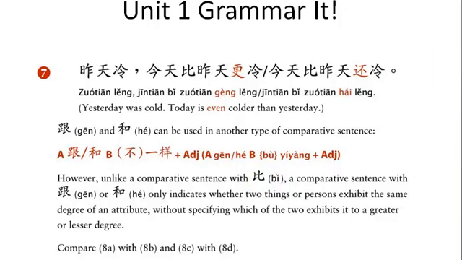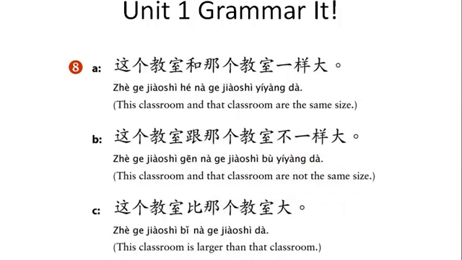And let's see some examples of that. So you could say 这个教室和那个教室一样大. Okay, so this classroom is the same size as that classroom. Okay, here, 这个教室跟那个教室不一样大.